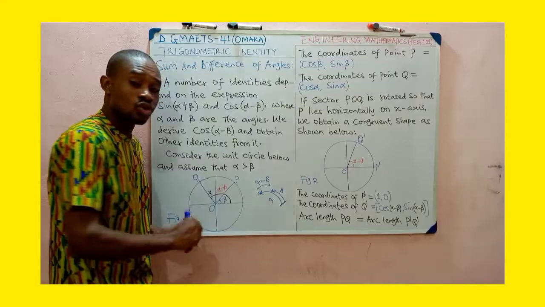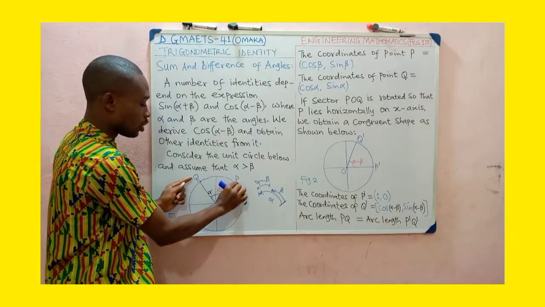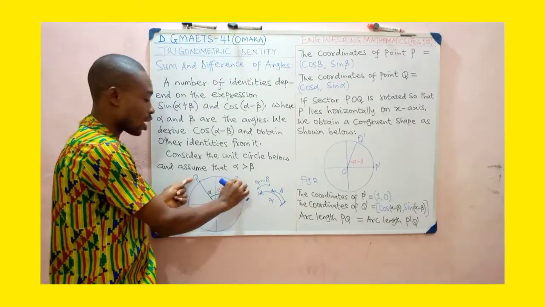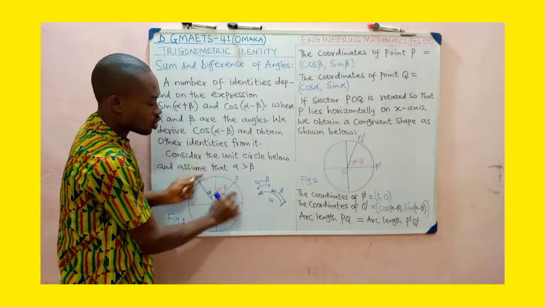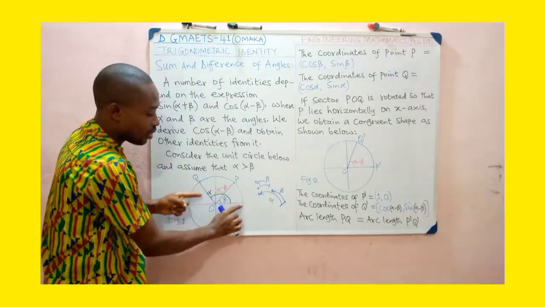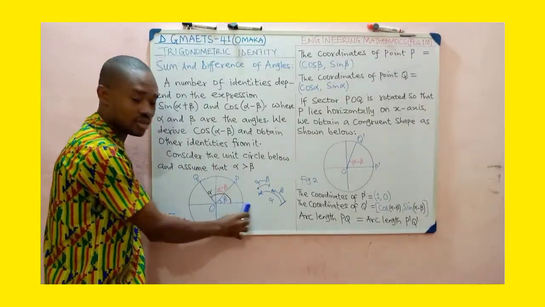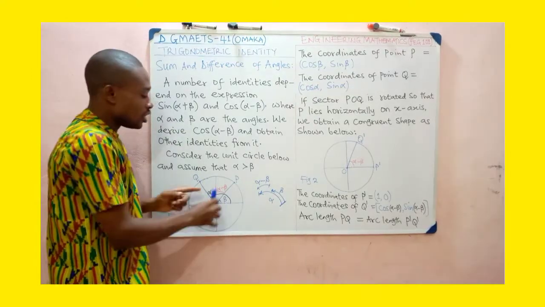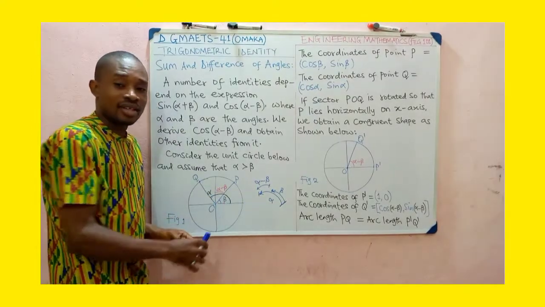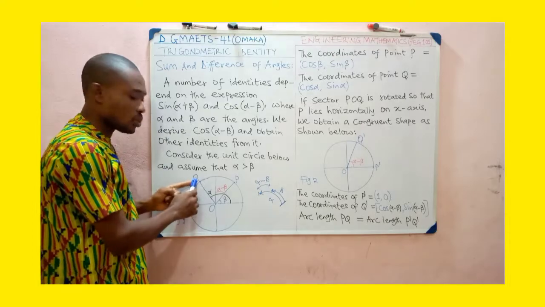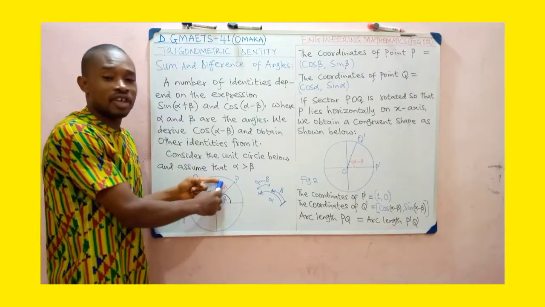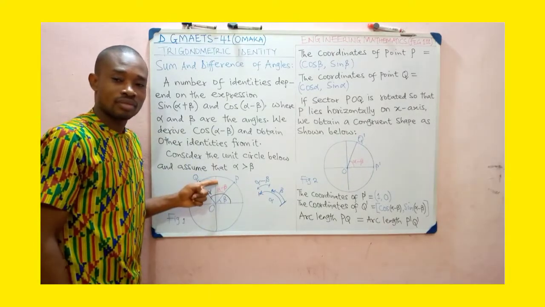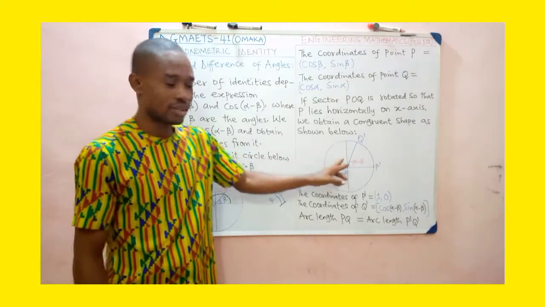Now let us assume that you hold these 2 points along this sector and then you rotate it such that point P now lies on the horizontal axis. If point P lies on the horizontal axis, point Q will move into the first quadrant. That will give us this shape.